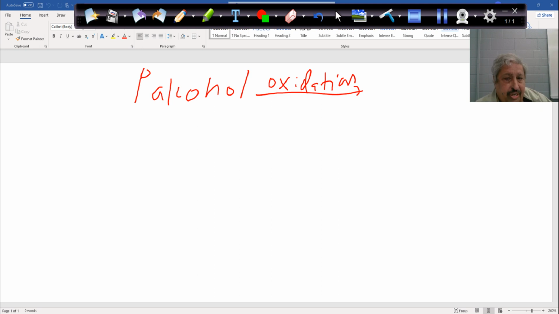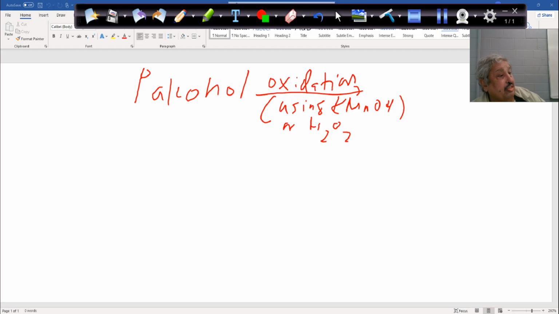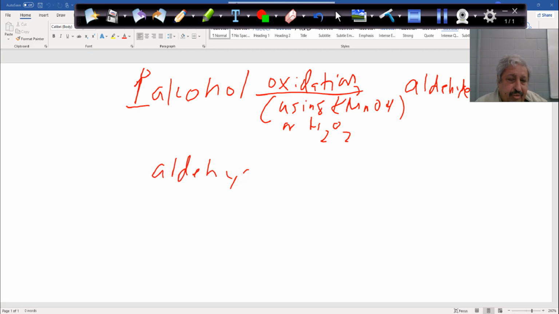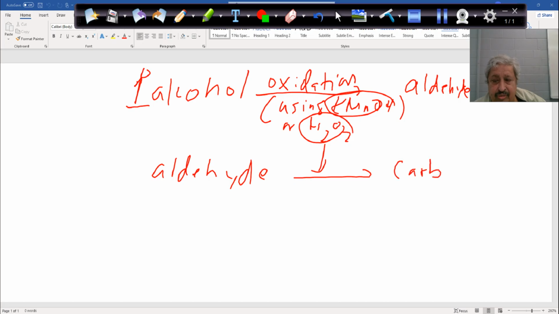We are using an oxidation with one of the oxidizing agents such as potassium permanganate or hydrogen peroxide. Those are very good and strong oxidizing agents. Primary alcohol will give you the aldehyde. The aldehyde then will be further oxidized by those two to what? To carboxylic acid. I will give you an example of this.